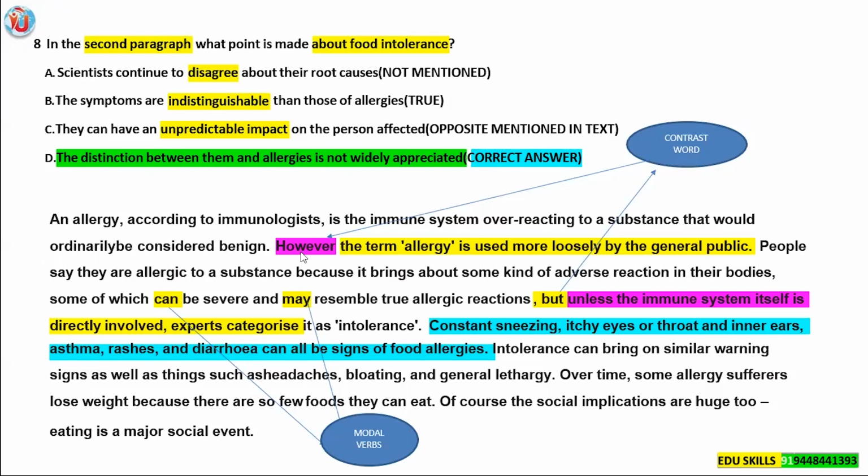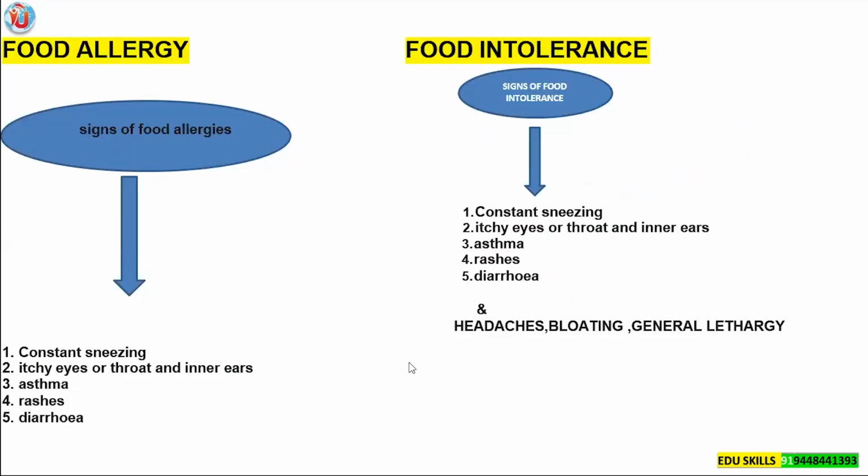Here, when we read the text, we could see the contrast word however. Then there is a contrast word but, then modal verbs can, may. Okay, yes. Let's see what the entire paragraph discussed. Food allergy. What are the signs of food allergy? The signs are constant sneezing, itchy eyes or throat and inner ears.